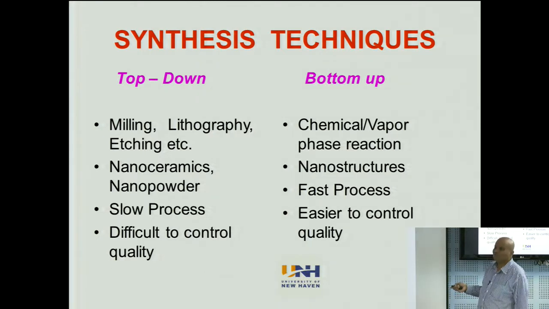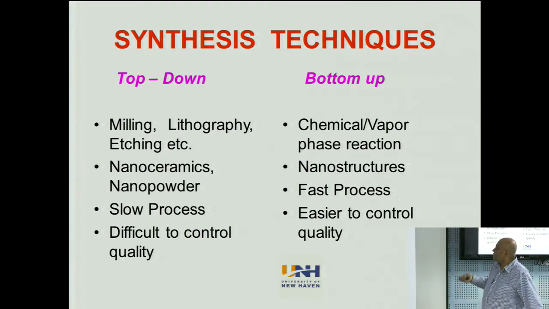Nano ceramics, do you know nano ceramics? These are ceramic materials which are made in the nano form. Some of you have used solid state lasers. A lot of the solid state laser crystals are made with nano ceramic crystals.